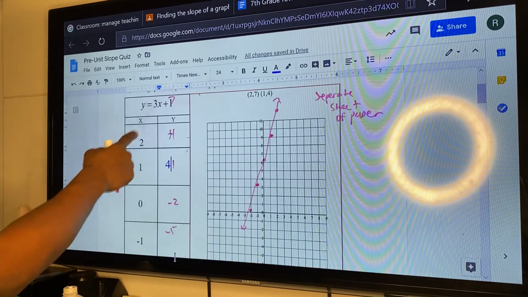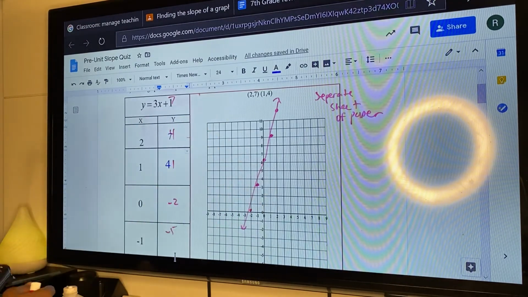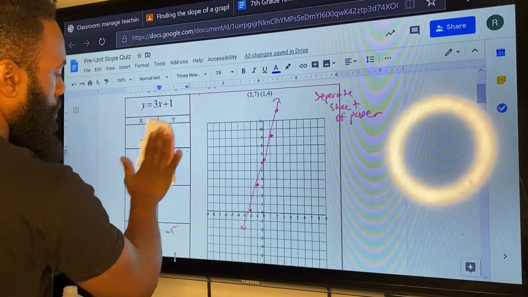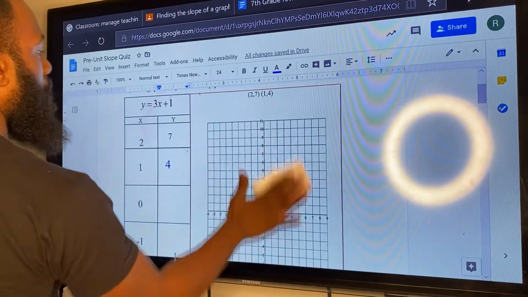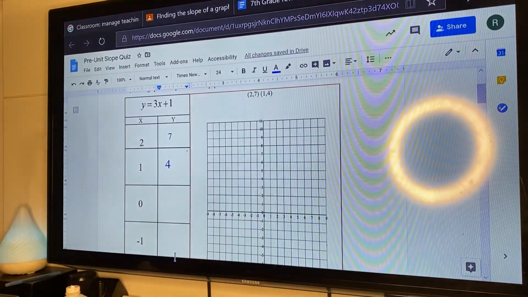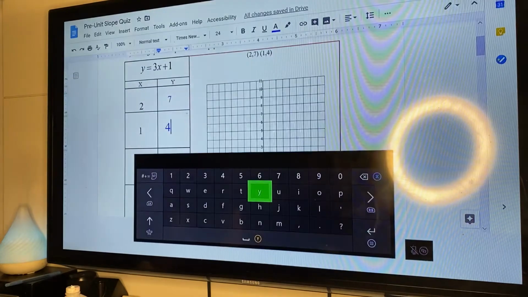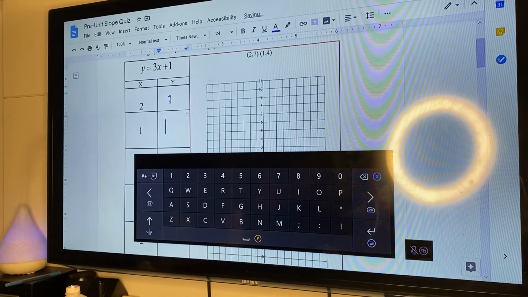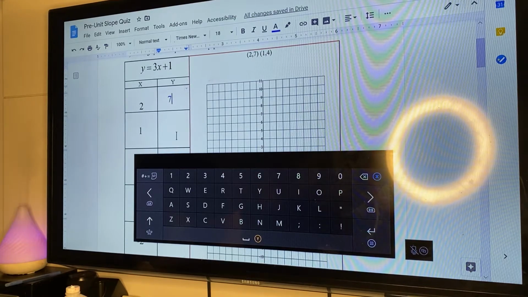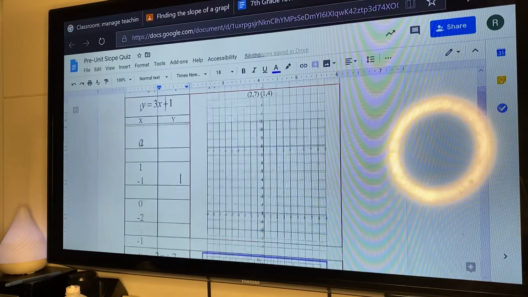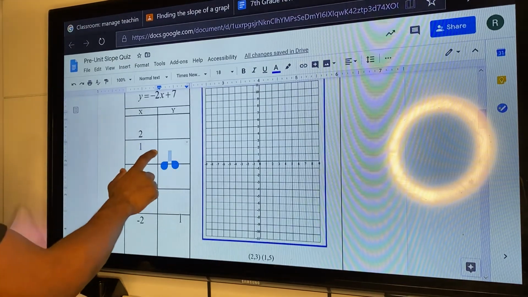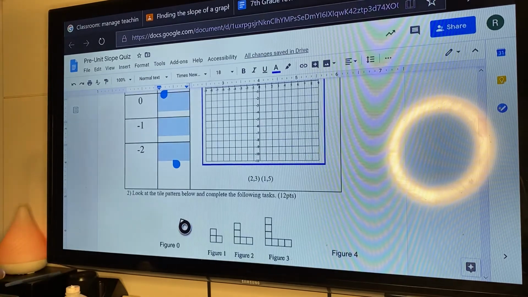And then so forth and so on. You put the numbers here. You do this on a paper. Now delete that. Perfect. So you're going to do the same thing for this table and this graph. You can do it on your own.